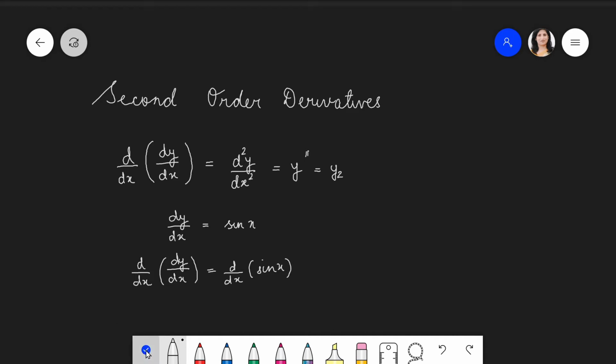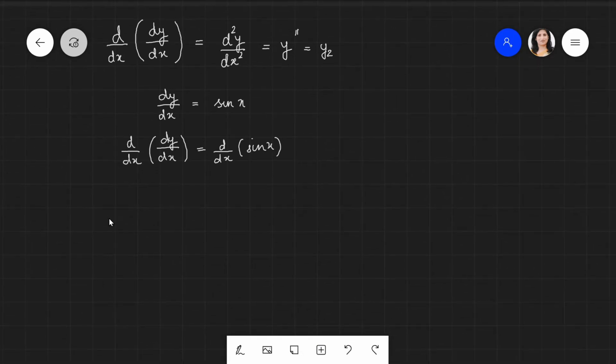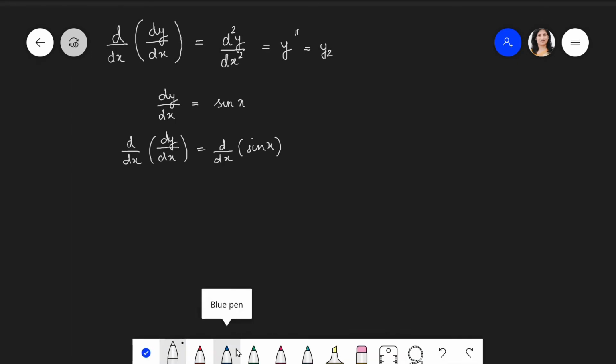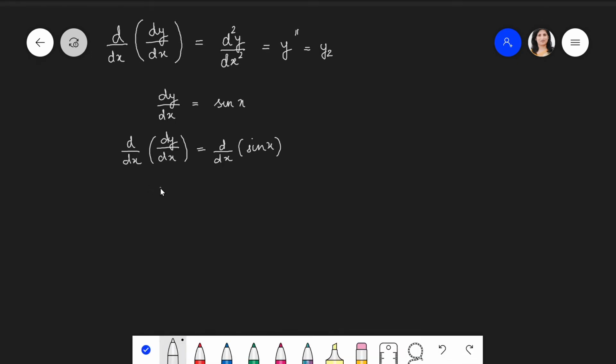Here you notice that the left hand side expression is d2y by dx square, and on the right side the function has variable x and here also is variable x. So we are differentiating with respect to the same variable and hence we get cos x. So the first order derivative is sin x and the second order derivative is cos x.